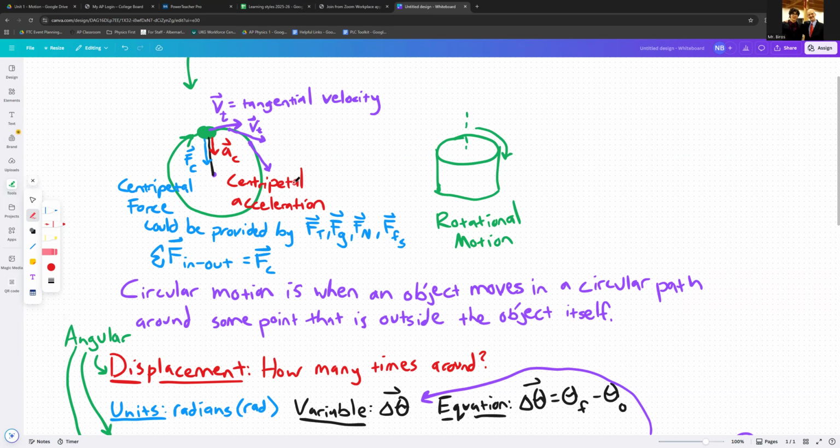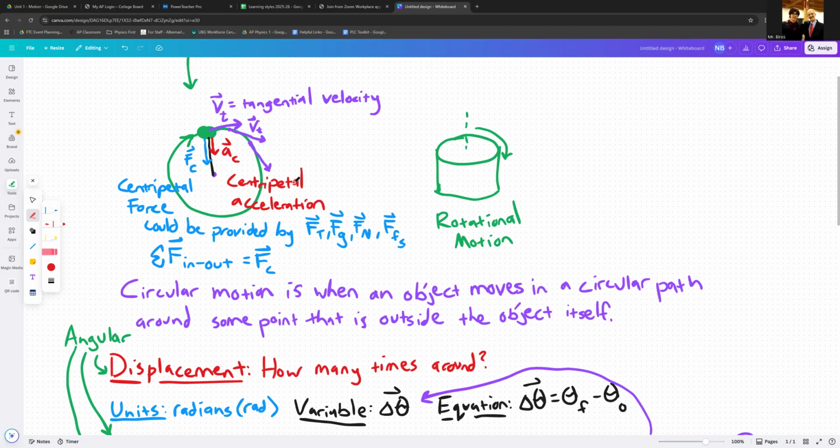It's not flying off in a straight line unless we let it, unless we release it from circular motion, but it still has this velocity, and that velocity then changes direction as it goes around. And the reason it changes direction is because there is an acceleration changing that velocity, which is acting inwards. And the force that provides that acceleration and causes it is also inwards, centripetal force. So yeah, it's just kind of a lot to put together.